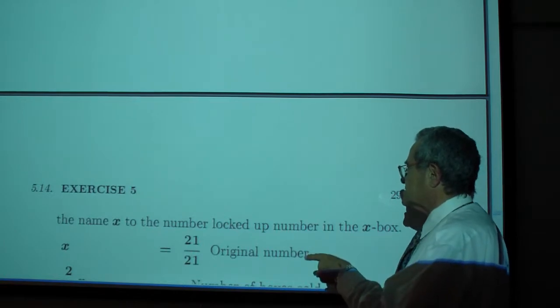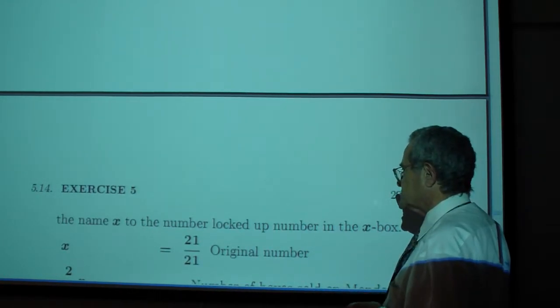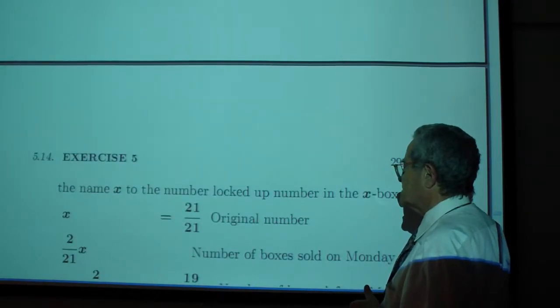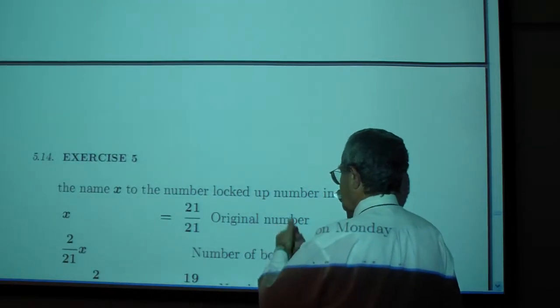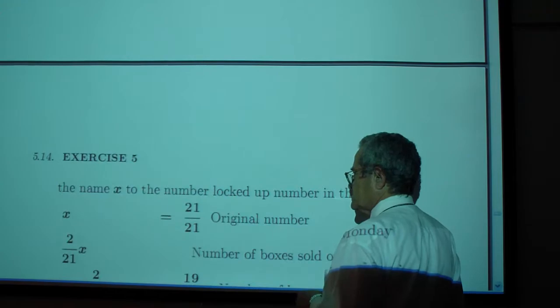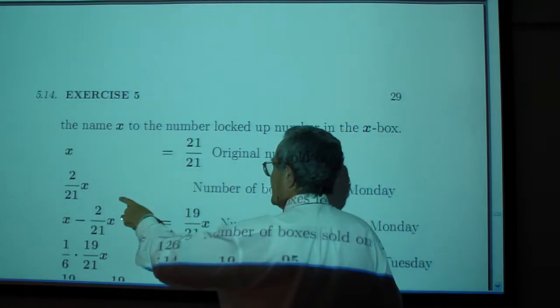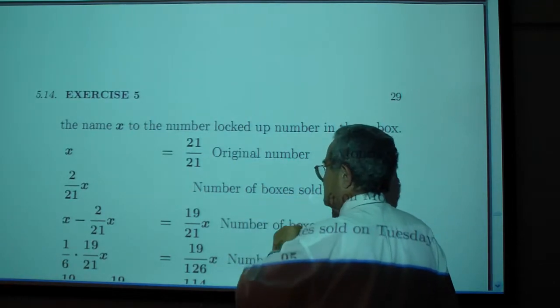Name x the number locked in the x box. So we start with x, which is 21/21 of the original number, 1 whole number of boxes. 2/21 part of x is sold on Monday.